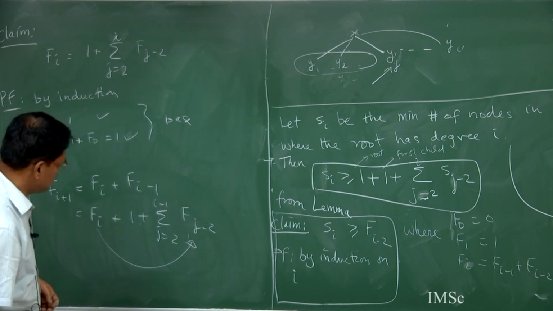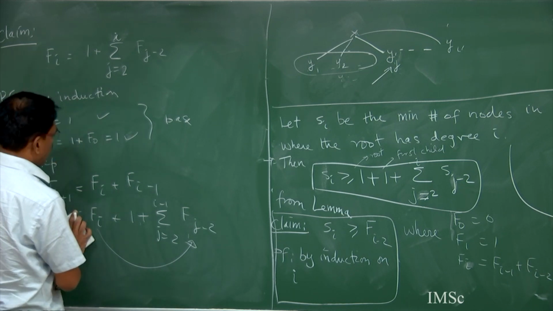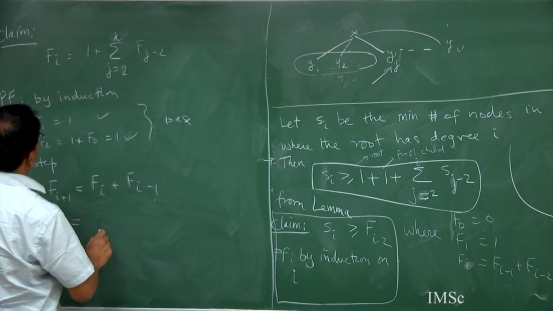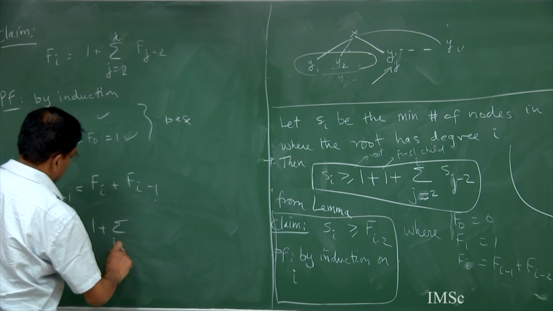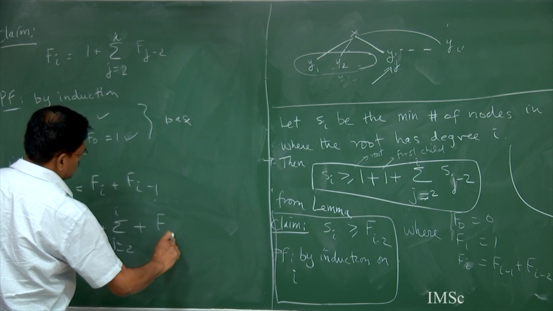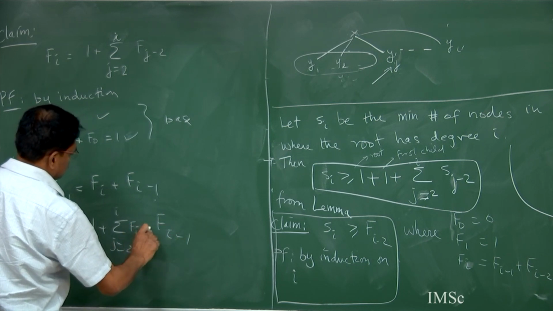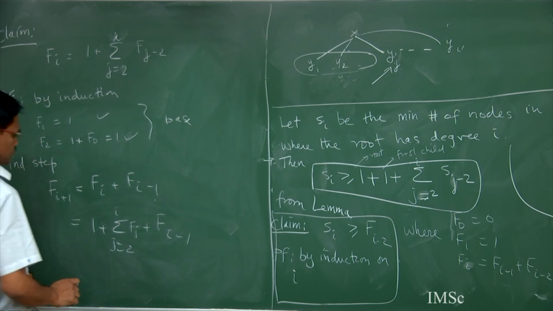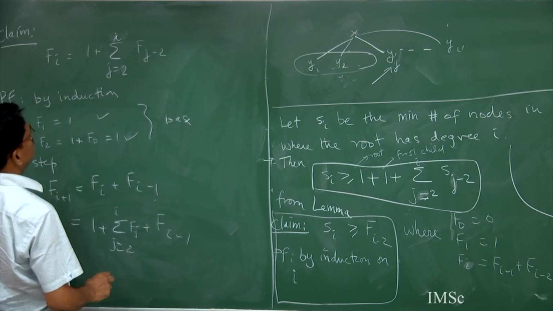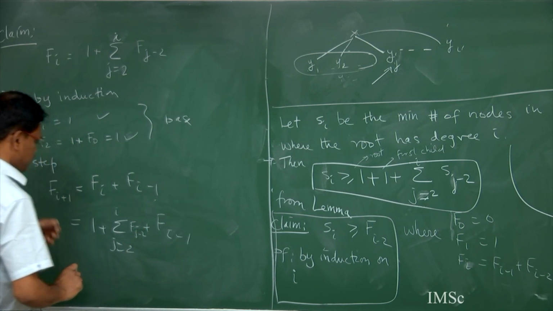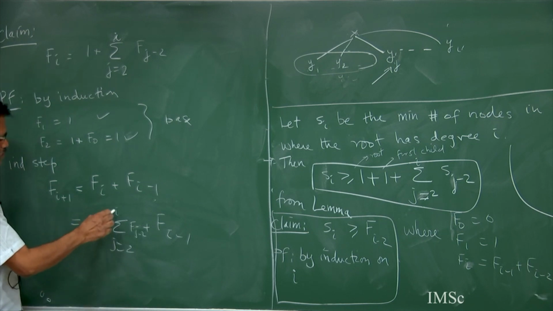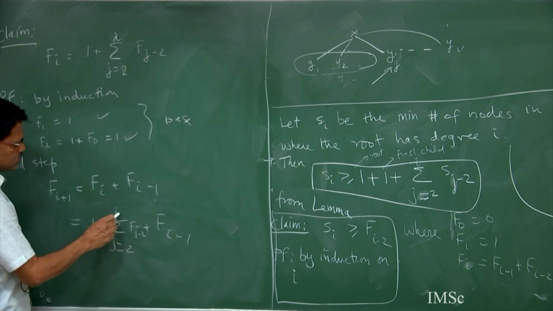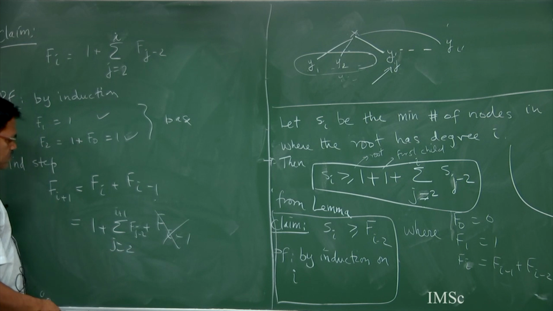Replace the Fi with the summation, not Fi minus 1. Oh, Fi is what we assumed. Okay, fine. So this goes all the way up to I minus 2, and I have I minus 1 also, so I can just do this, and that's exactly what I want.